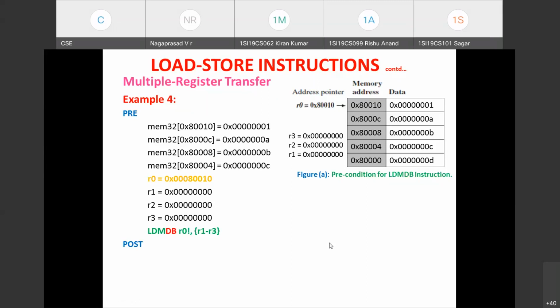And what will be the contents of R1, R2 and R3 registers? Can anyone tell the contents of these registers? Are you all following?